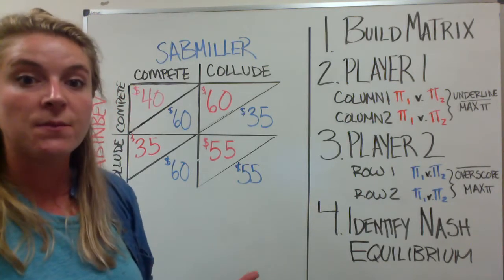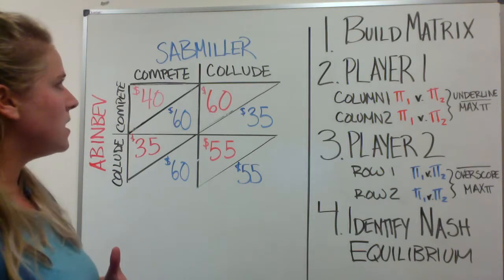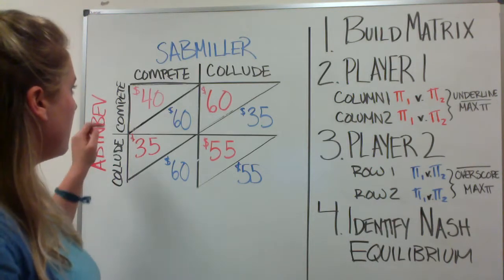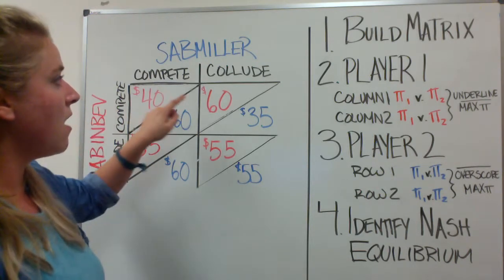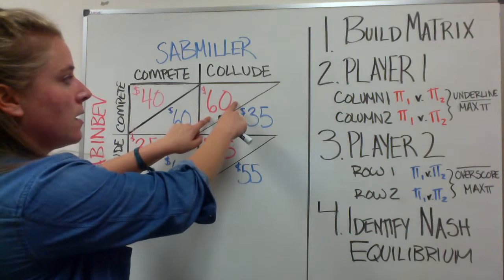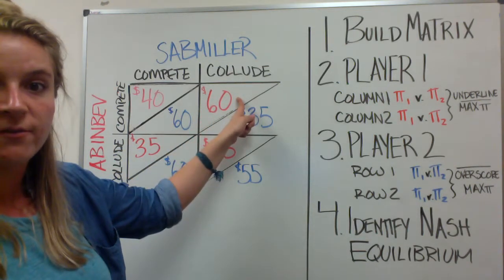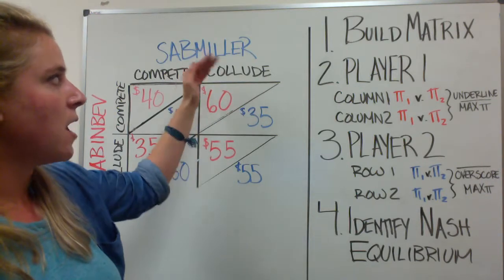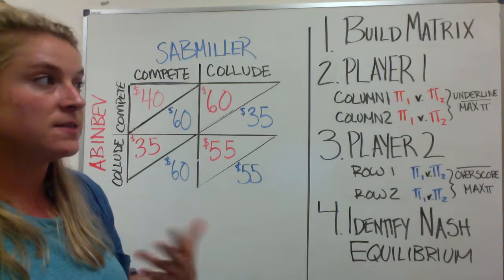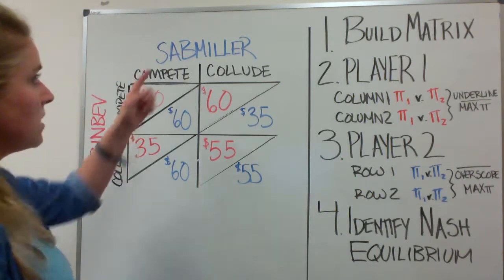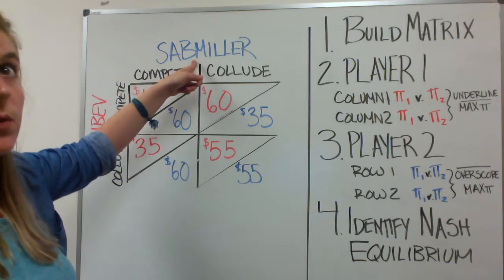So an example of a setup you might get is that the problem will say, if the firm is competing while the other is colluding, then they are going to make $60 in profit. So therefore I was able to populate that cell. Because you'll notice that I didn't say which firm, because actually we can go from SAB Miller, from player two's perspective, in the blue.